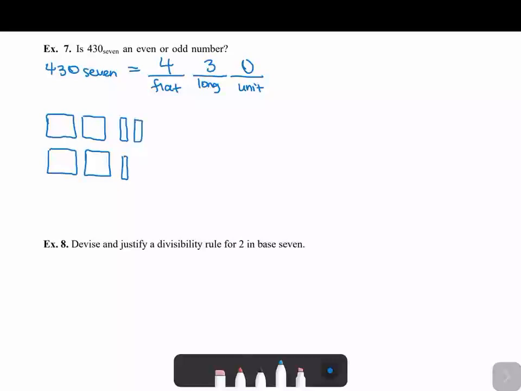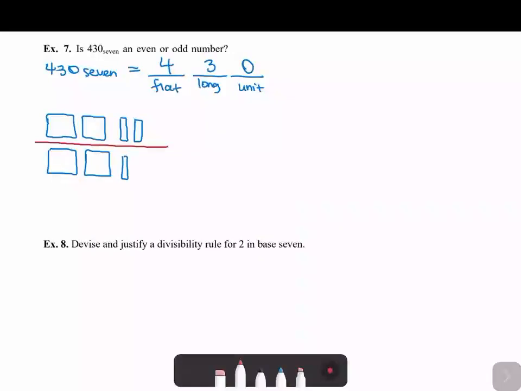Okay, so we want to know if it's even, meaning divisible by 2. So we want to be able to take this and make 2 even groups. This is another way to think about even: making 2 groups that are even. So if we split this down the middle into 2 even groups, we have 1 extra long on the top.